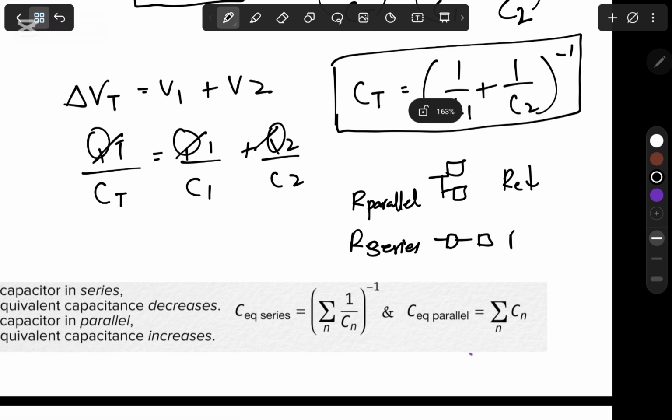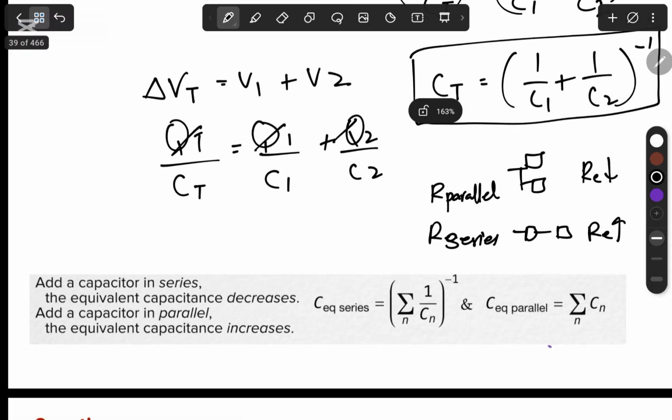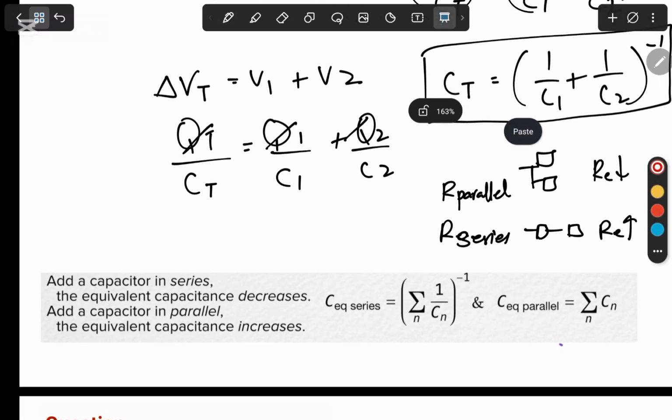But if you add them in series, the effective resistance would increase. That's the same idea here, but it's kind of flipped around. So for capacitors in series, if you see here, the equivalent capacitance decreases. And if you have it in parallel, the capacitance is going to increase. So basically the ability to store charge in series is going to be less than in parallel.